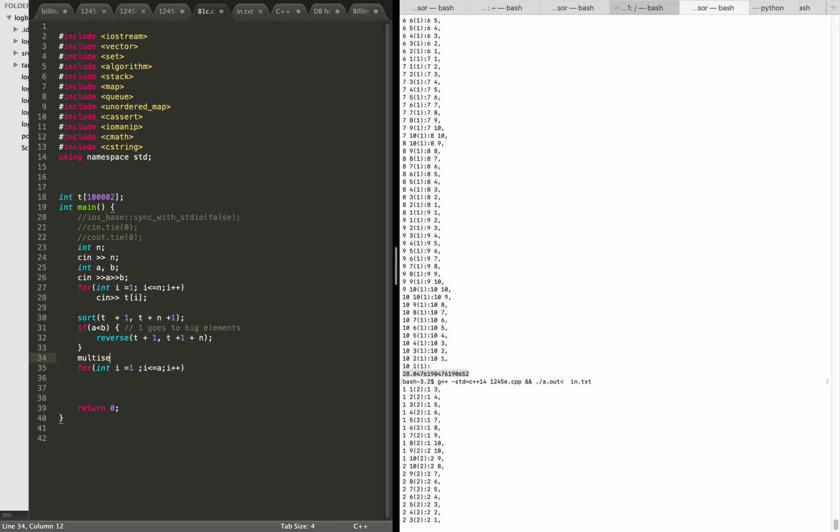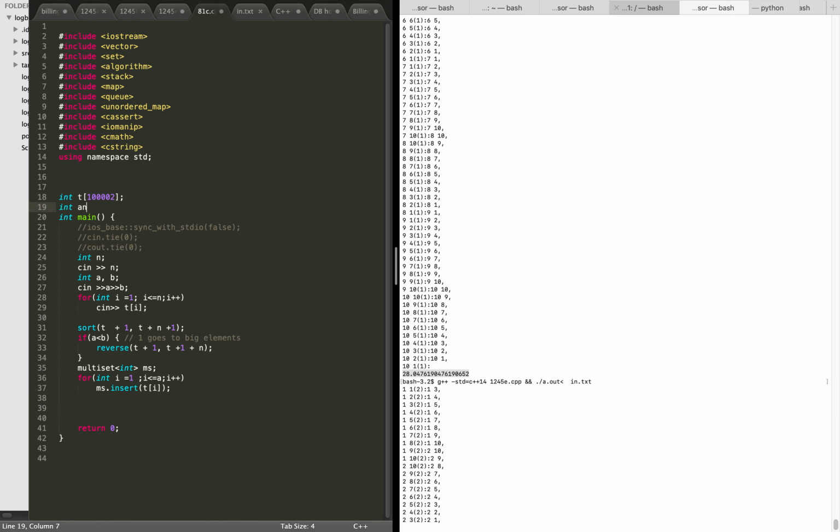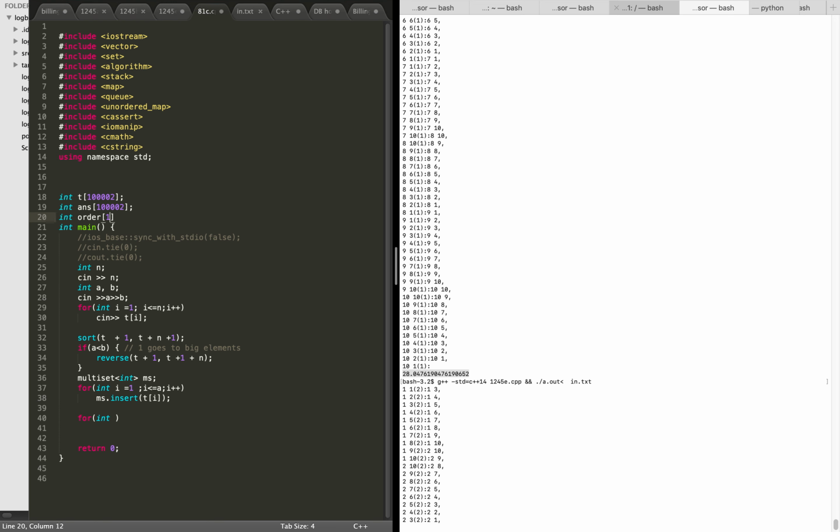We'll put a multiset for that. Now these are the values that we will be giving in our answer. These should be the values in which we put our 1, else we'll put 2. But there is one problem. Since we have changed the order, we need to maintain the original order.